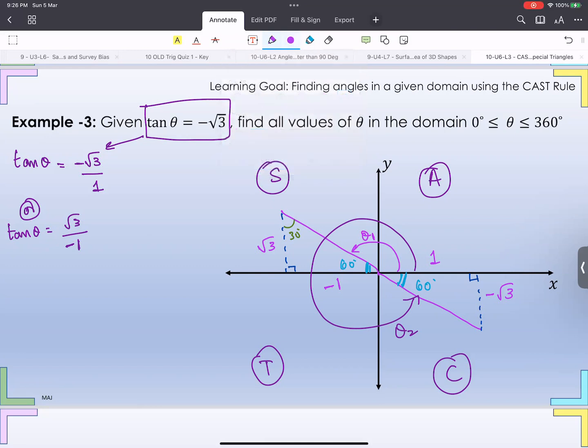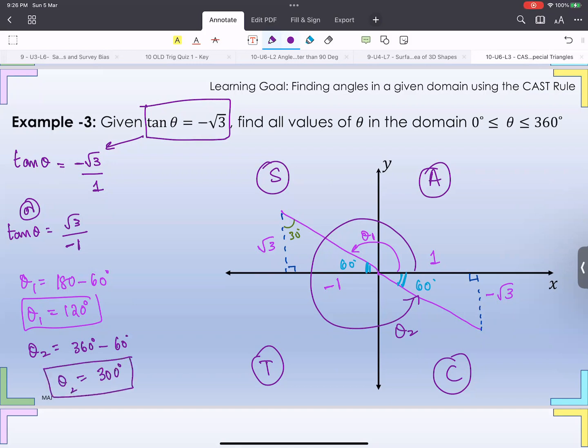So now you can find your angles. The first angle, theta 1, is 180 take away 60, which is 120 degrees. Your second angle, theta 2, is 360 take away 60, which is 300 degrees.